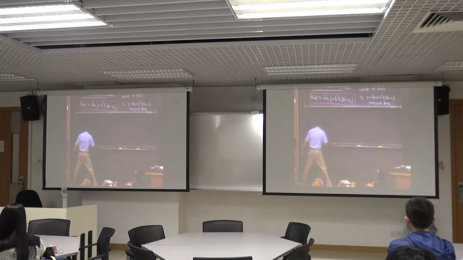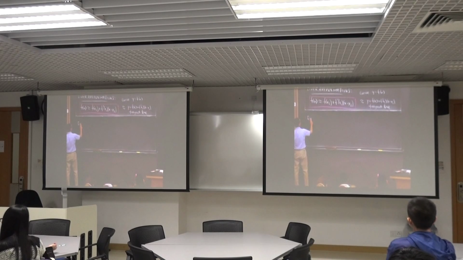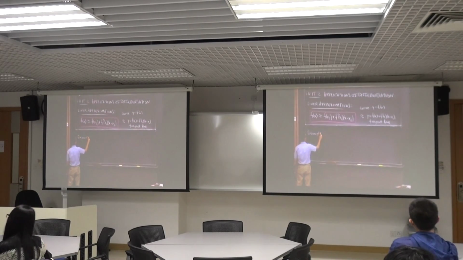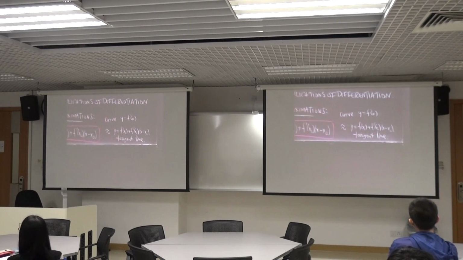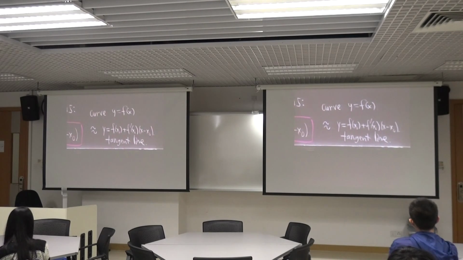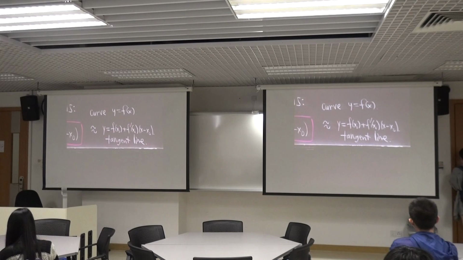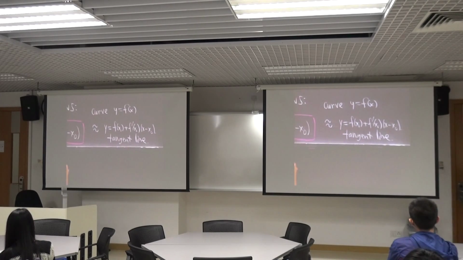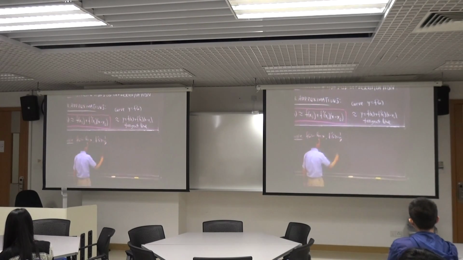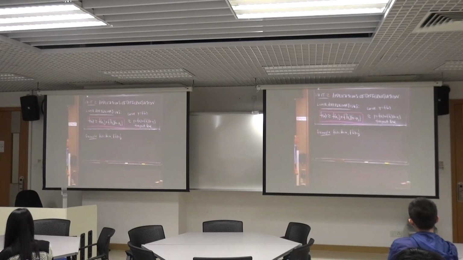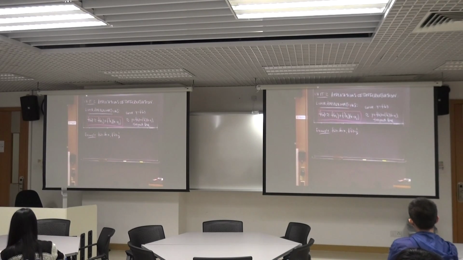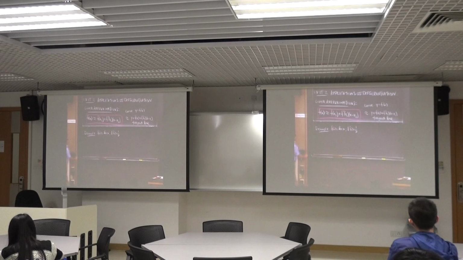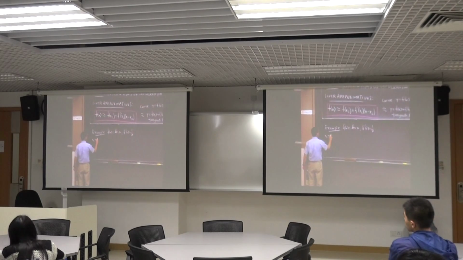So let's give an example. I'm going to take the function f of x, which is log x, and then its derivative is 1 over x. And so let's take the base point x0 is equal to 1.